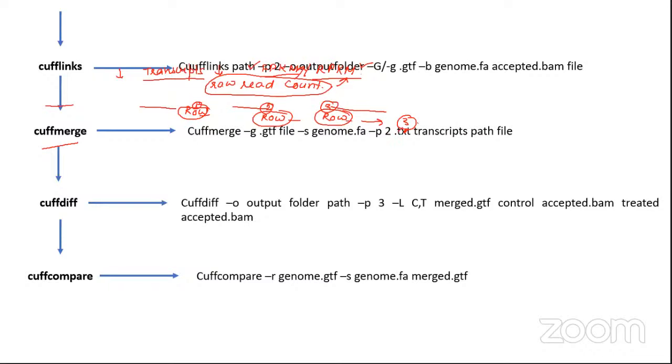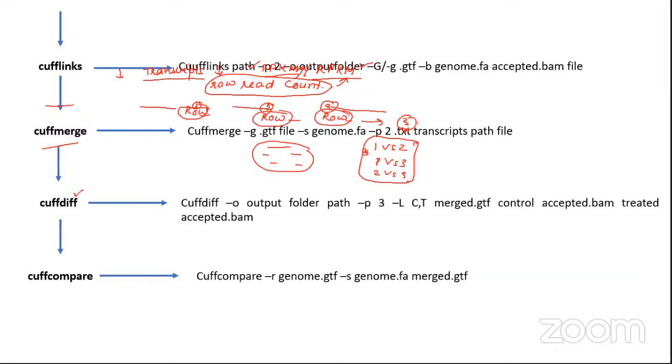So we are doing 1 versus 2, 1 versus 3, or 2 versus 3. So we can do the differential in this way. So what does this mean? What are the common transcripts? What are the unique transcripts in each? And what is absent, not present? Like that we can compare between the samples.